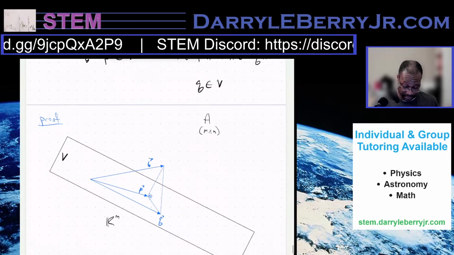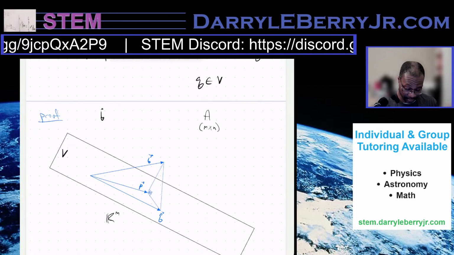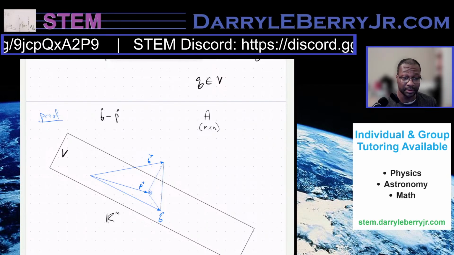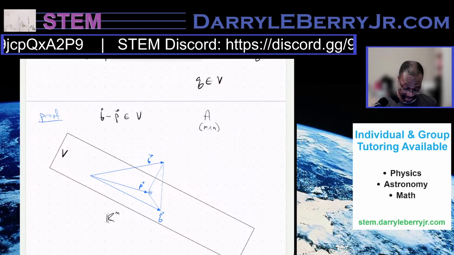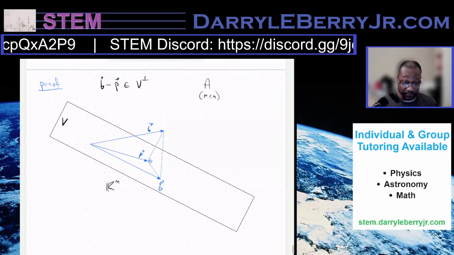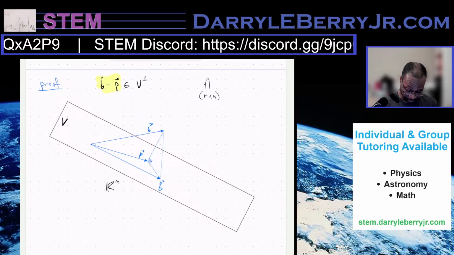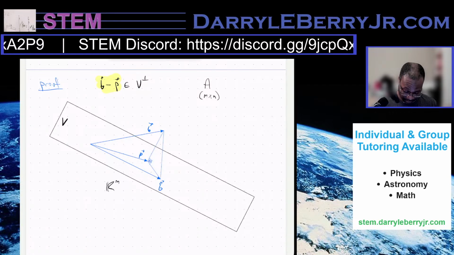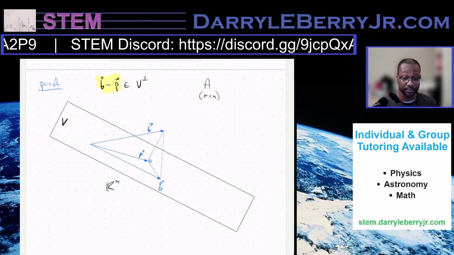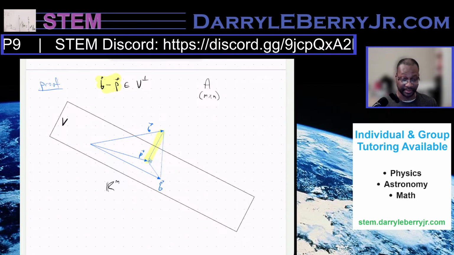So B minus P is perpendicular to V. That's B minus P.